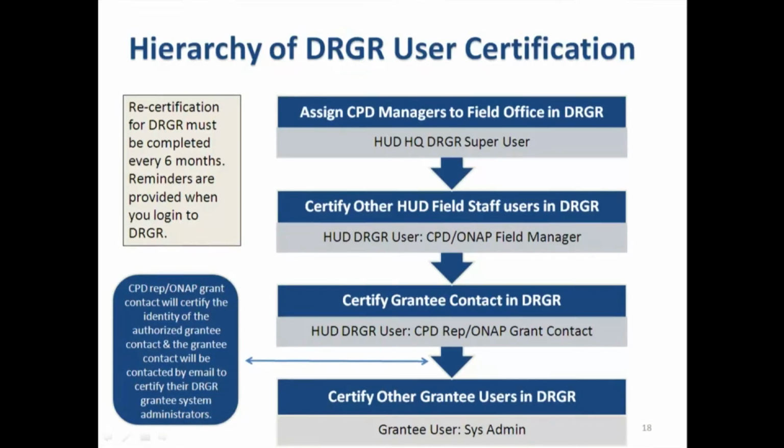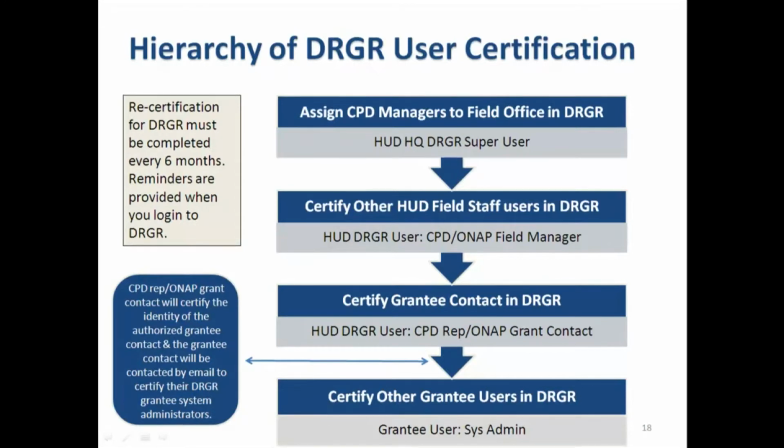When such users log in, they will receive a message that their certification has expired. If a user receives this message, refer back to this flowchart and find the individual who is required for recertifying the user. For most grantee users, this will be their grantee admin user.